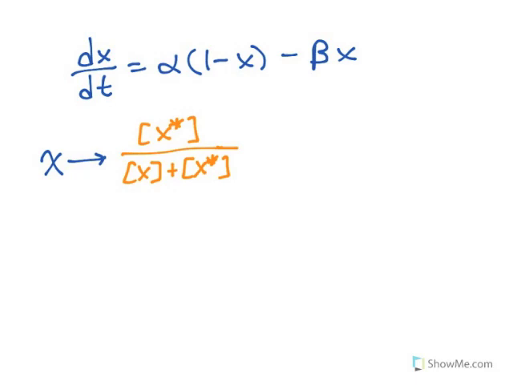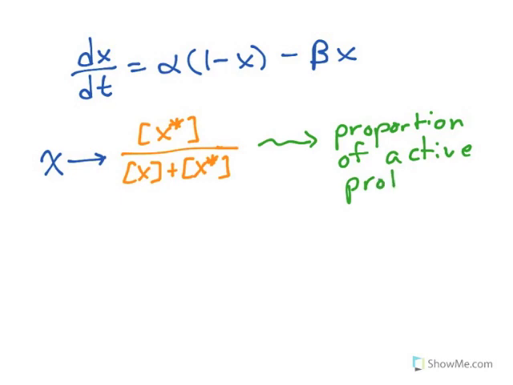So this is the proportion, and you should think of it as the proportion of active protein. So if it's a proportion, it's living on the interval 0 to 1. So you can't have a negative concentration of any of these. You can't have a negative concentration of any protein.